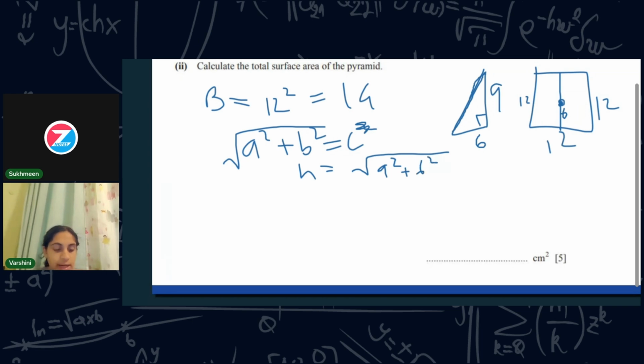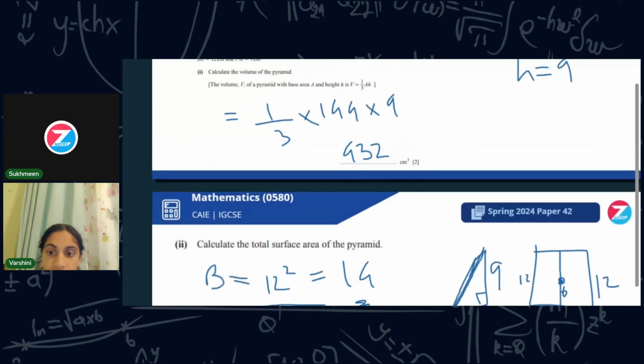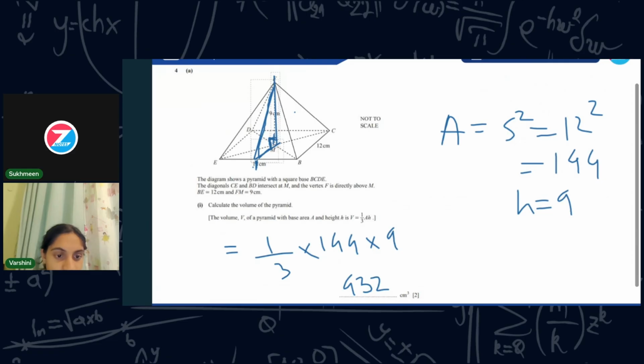And if you put that directly in your calculator, you should get 3 root 13, which we're going to leave as this irrational number to make sure we don't mess up with the decimal places later on. So now we have this height of the triangle that we need.